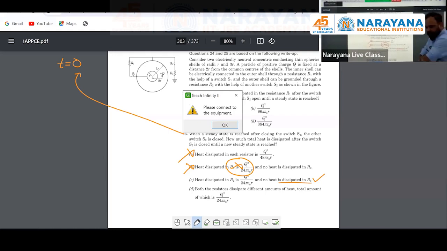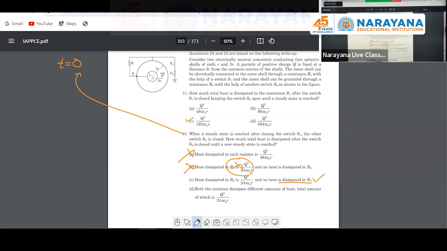R2 से कितना डिसिपेट करेंगे वो देख लेते हैं. सारा चार्ज जा सकता है ना. R1 से कैसे फ्लो करेगा, क्योंकि अंदर तो कोई चेंज हो ही नहीं. इनडायरेक्टली आपने सिर्फ जो S2 वाला आउटर सरफेस है उसको जाके अर्थ कर दिया फर्दर. इनर एक स्टेडी स्टेट मेंटेन थी.